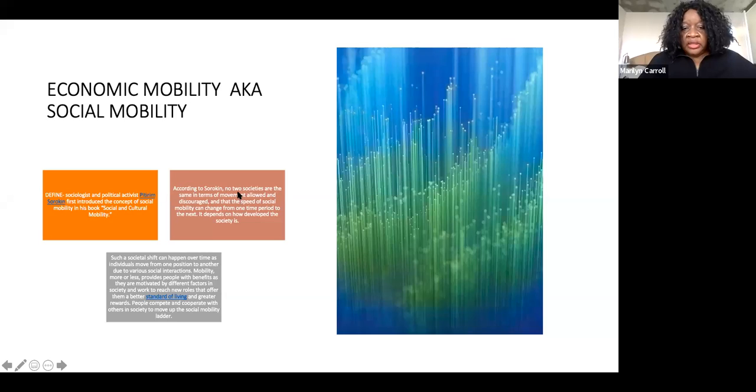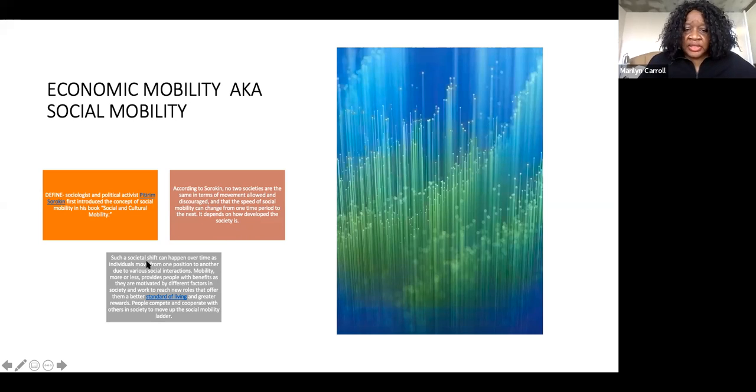According to Sorokin, no two societies are the same in terms of movement allowed and discouraged, and the speed of social mobility can change from one time period to the next. It depends on how developed the society is. We live in a very developed society here in the US. We should consider ourselves lucky that we have that.